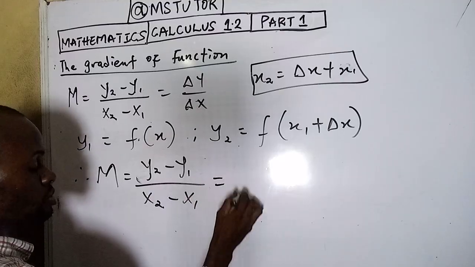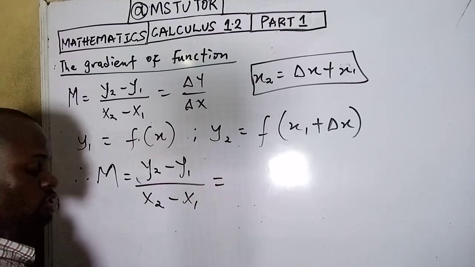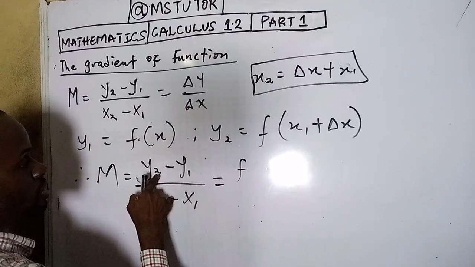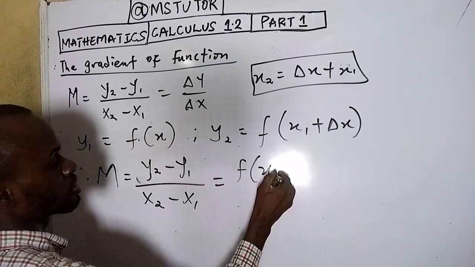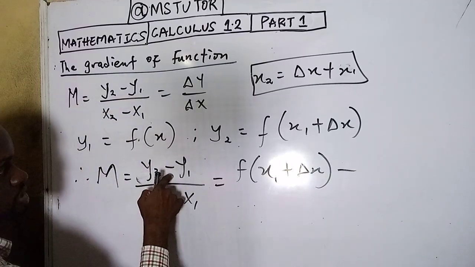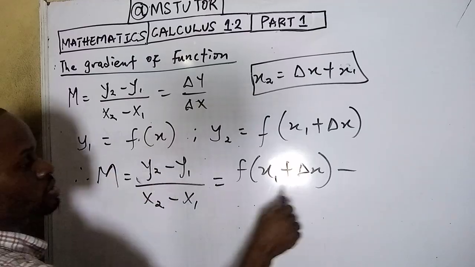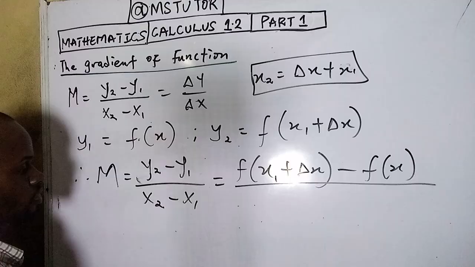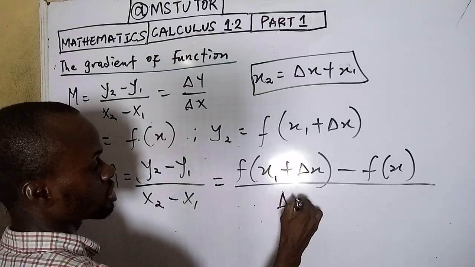So which is synonymous to saying that the expression will also give us y2 as f of x1 plus dx, minus what's our y1 from the expression? That's the actual function, over this will just give us what? dx.